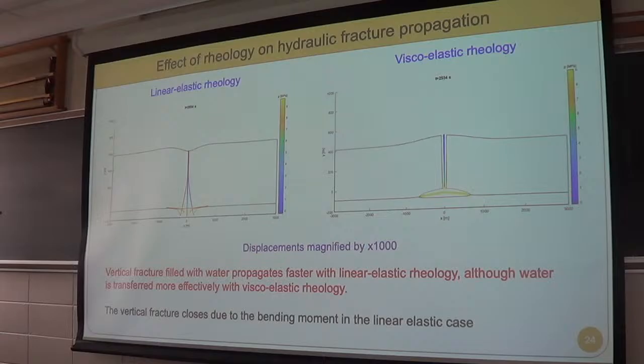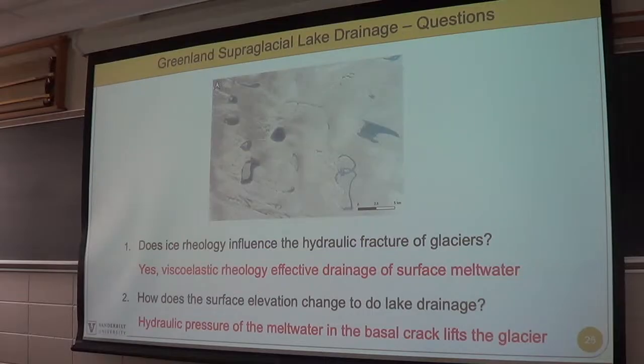And now you can take surface points from the center line of the fracture, right? You can measure what is the uplift of that surface, and perhaps compare that with observations of a glacier height change, right? But the takeaway here is that only when you consider this viscoelastic rheology, that's when we get these under ice subglacial cracks, and we don't see it if it's linear elastic because of the bend.